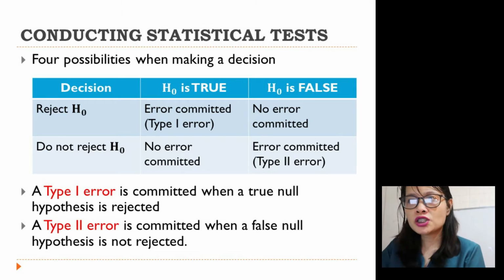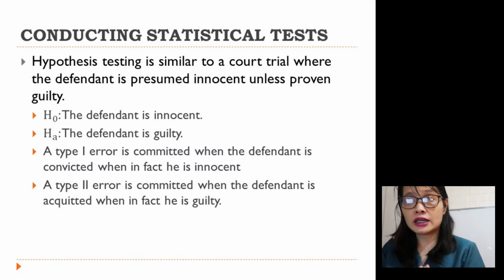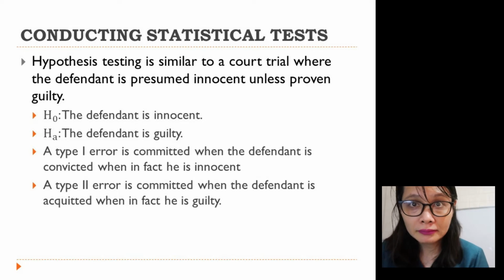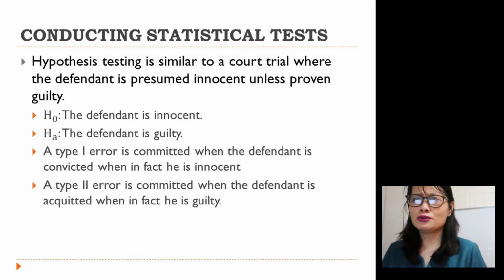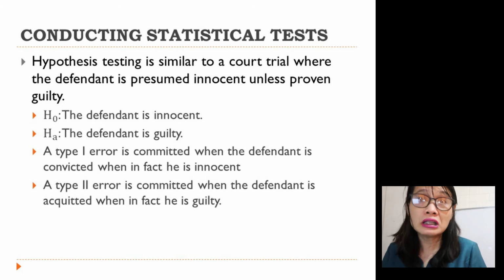Hypothesis testing is similar to a court trial where the defendant is presumed innocent unless proven guilty. So parang court trial lang yon, yung hypothesis testing. So let's say for example, your null hypothesis, the defendant is innocent. And then your HA, the defendant is guilty.